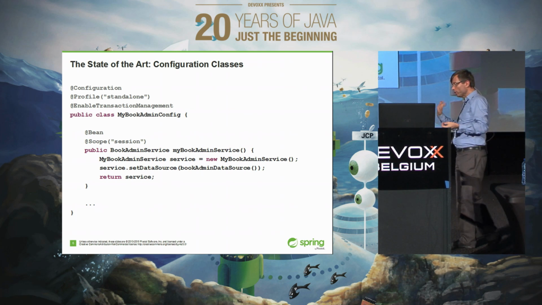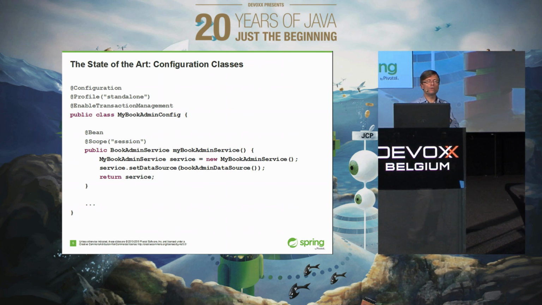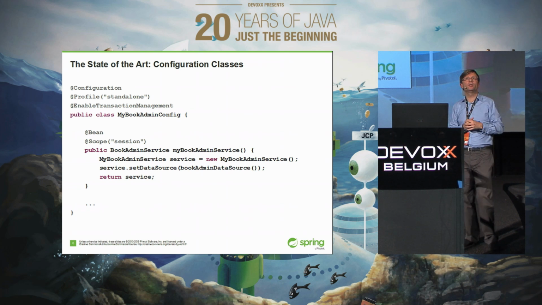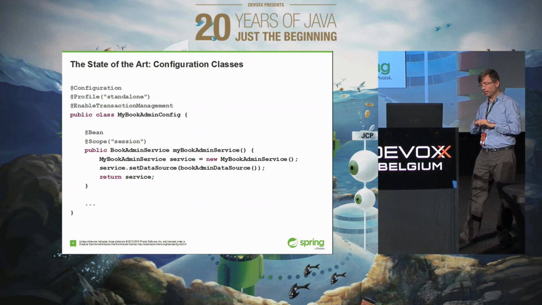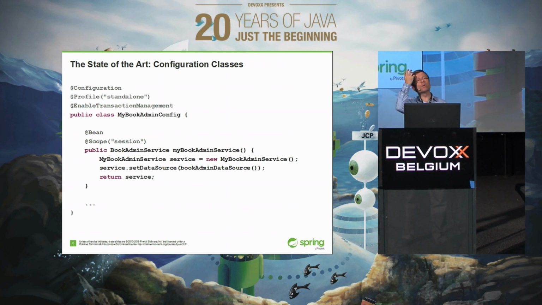So in a typical modern-day Spring configuration scenario, you have a selection of configuration classes which combined make up the configuration of your system. No external metadata beyond those, possibly, except maybe for component scanning.